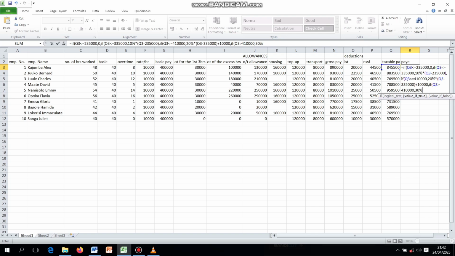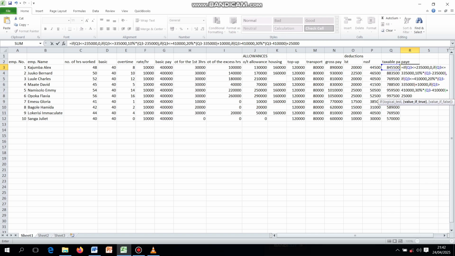Then I will multiply it with what will be in the bracket, and that will be our taxable income when we subtract off the 410,000. Then I'll close the bracket. Then I will add the 25,000 because it's what is given.